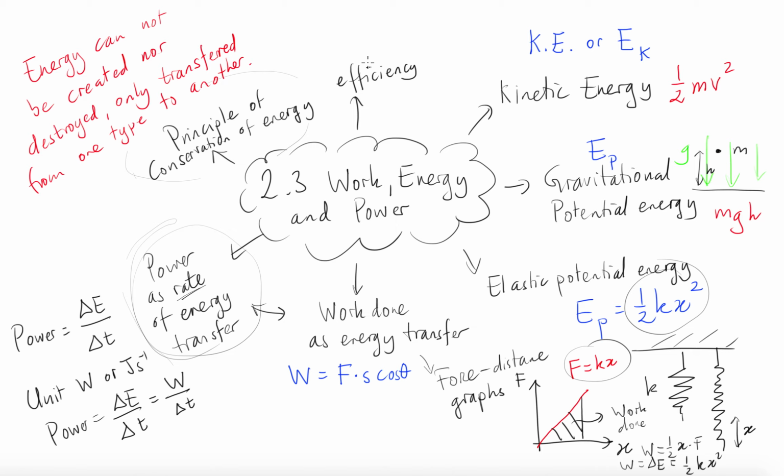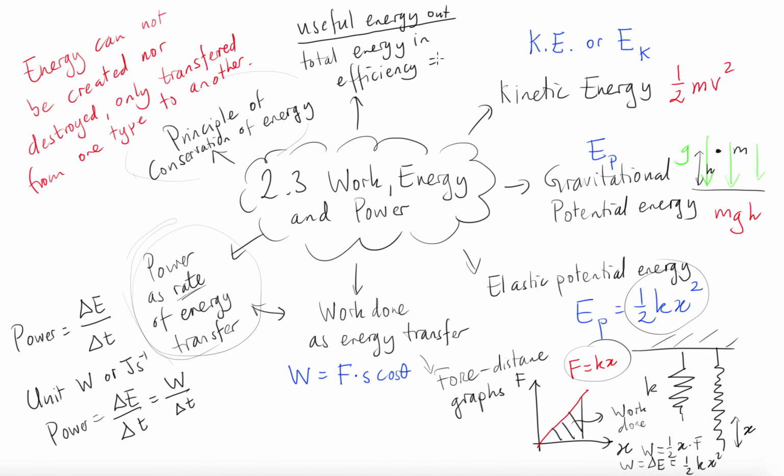However, many systems are not efficient, which means that a lot of the energy is wasted in some senses to thermal energy, and the concept of efficiency is defined as the useful energy that we get out divided by the total energy in, and this is important in machines.